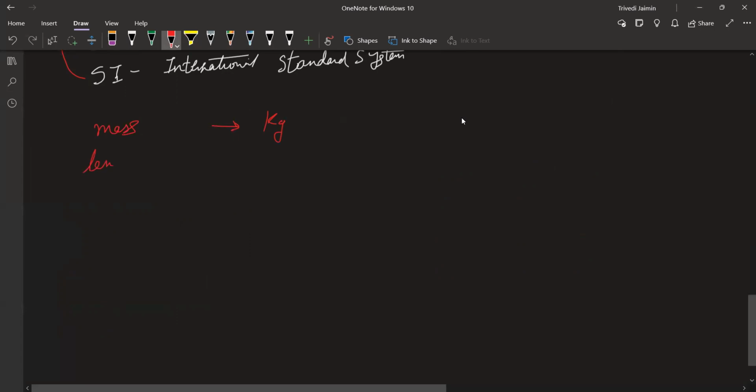Then length, you can write with me fast: meter. Time: seconds. Current: ampere.